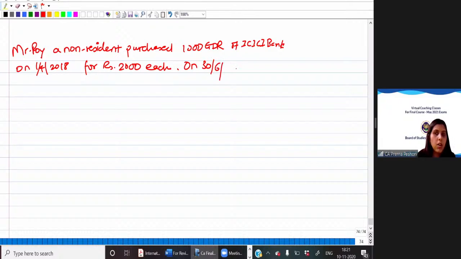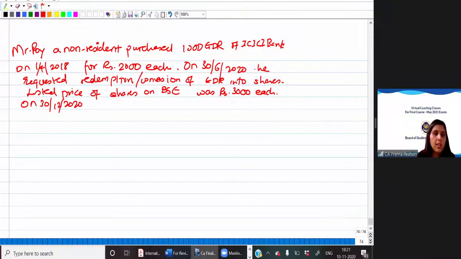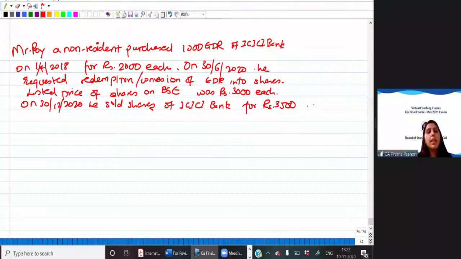On 30th June 2020, he requested redemption or conversion of GDR into shares. Listed price of shares on BSE was rupees 3000 each. On 30th December 2020, he sold shares of ICICI Bank for rupees 3500. Compute the capital gains.